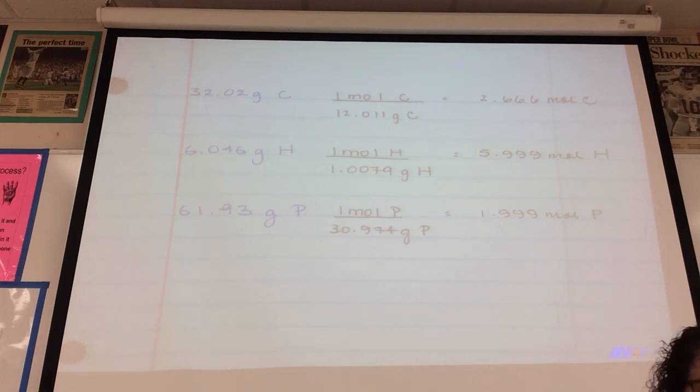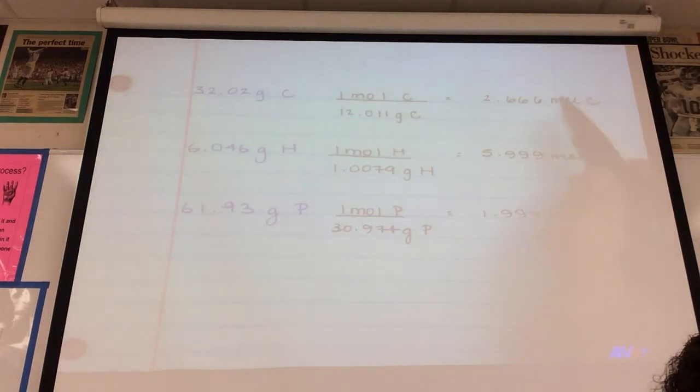Once I get moles of everything, I need to do what? Divide by the littlest number, just the number.